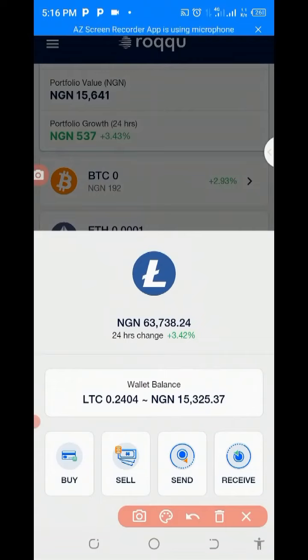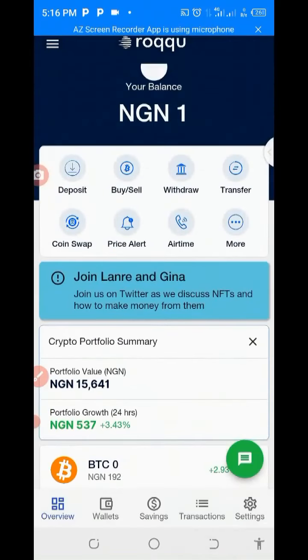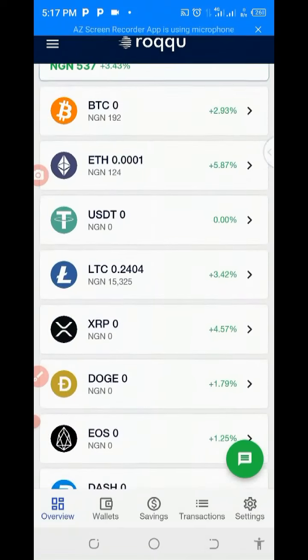Now I want to convert it to cash. What can I do? Look at it here now. My balance is 1 naira and my cryptocurrency value is 15,641 naira, and I need cash. I want to spend cash. What I can do is to go here.